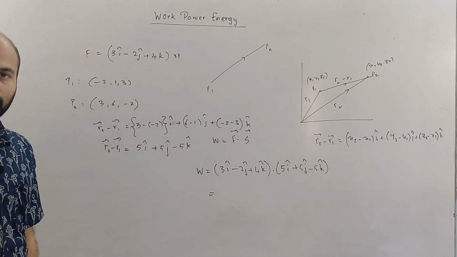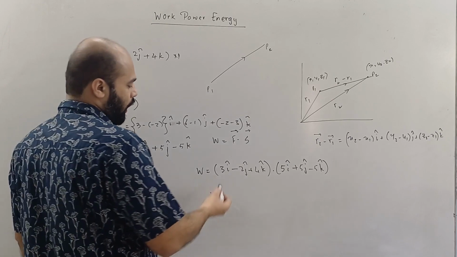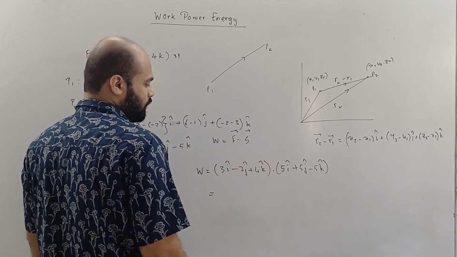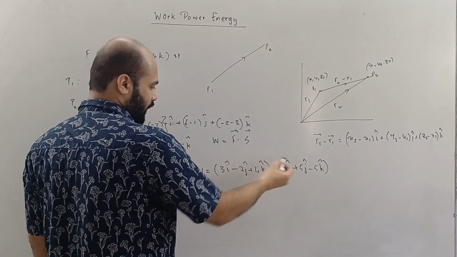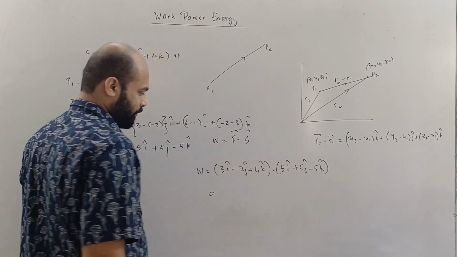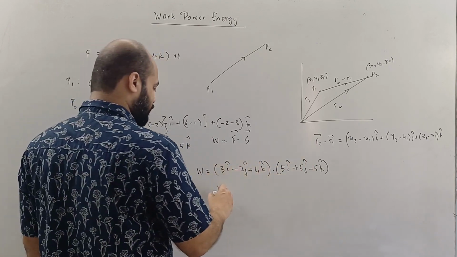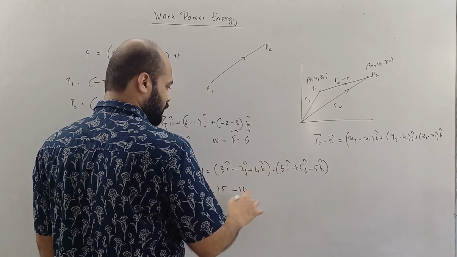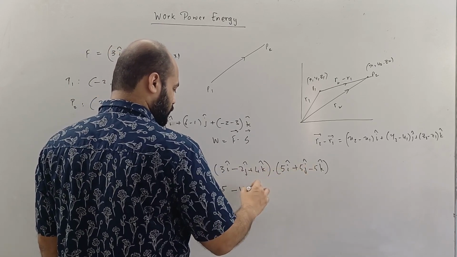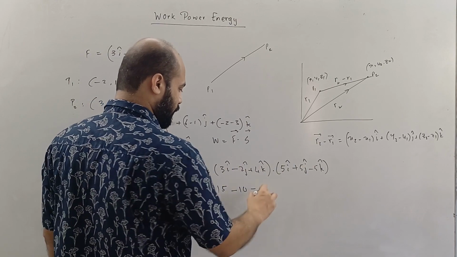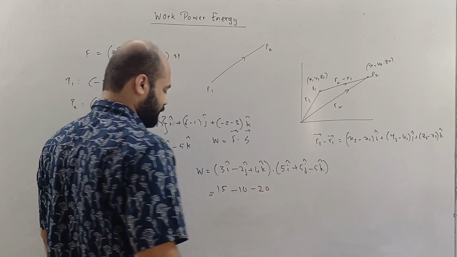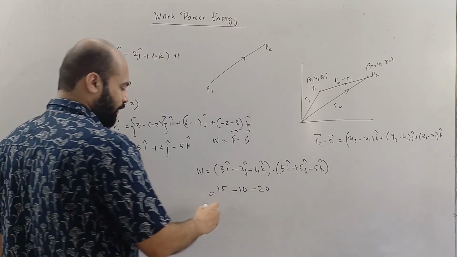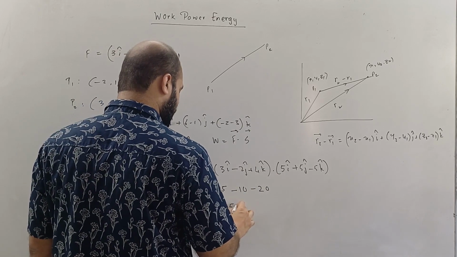We have already learned it in vectors. So i is to be multiplied with i, j with j, and k with k. So 3 into 5 is 15, minus 2 into 5 is minus 10, minus 5 into 4 is going to be minus 20. Now if you sum this up, what we get is minus 15 joules.